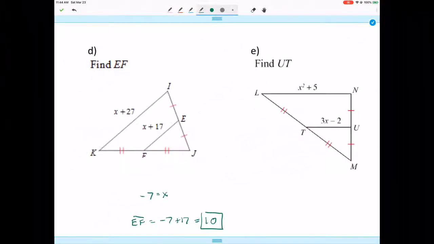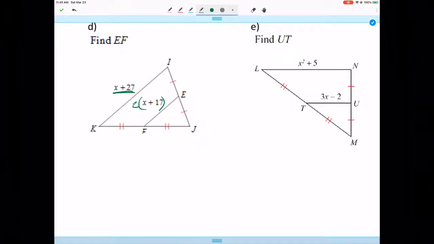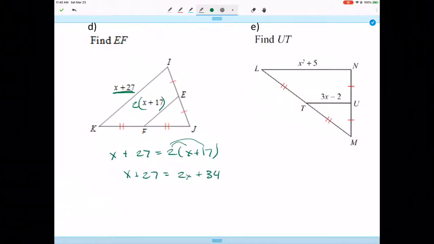When you get a problem like this, you need to realize that this is equal to 2 times this. It has that same growth or scale factor. So if we need to find what x is, we'll say x plus 27 is equal to 2 times x plus 17. Distribute. We get x plus 27 equals 2x plus 2 times 17, which gives us 34. Combine like terms.